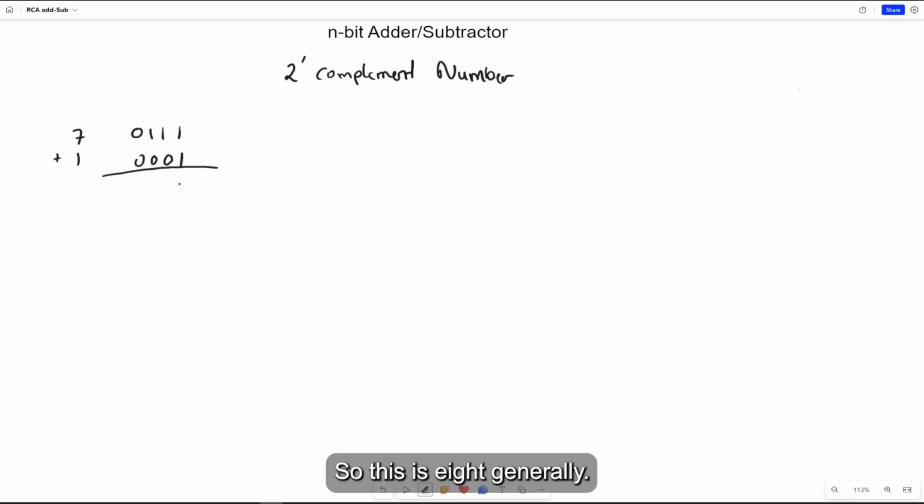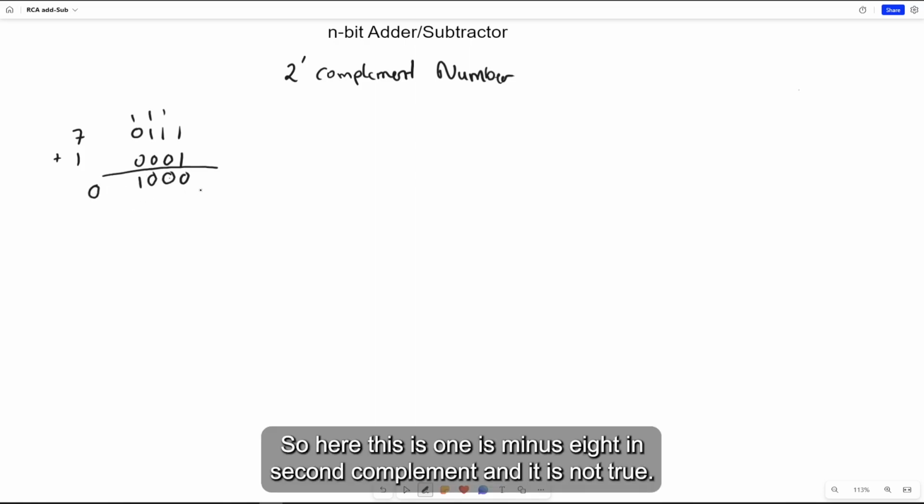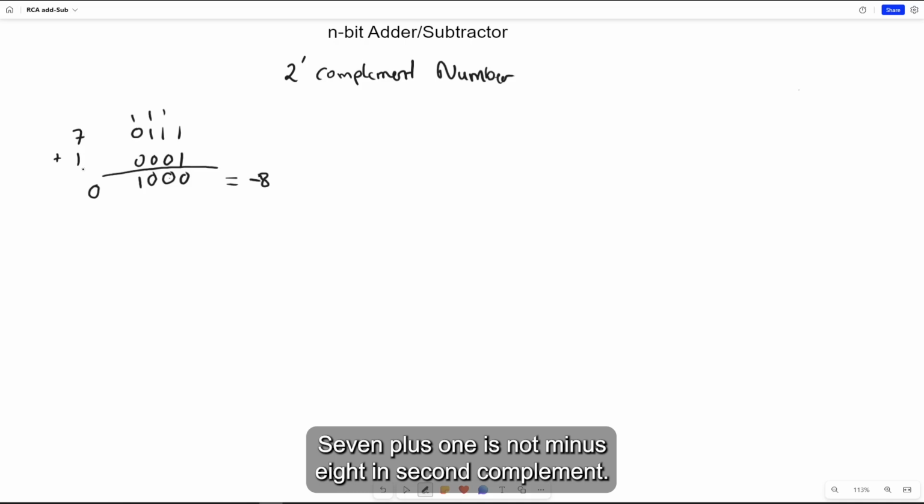So this is 8 generally, but in two's complement it's not. So it's 0 carry 1, 0 carry 1, 0 carry 1, and then 1, and we have a carry of 0. So this one is minus 8 in two's complement, and it's not true. 7 plus 1 is not minus 8 in two's complement.